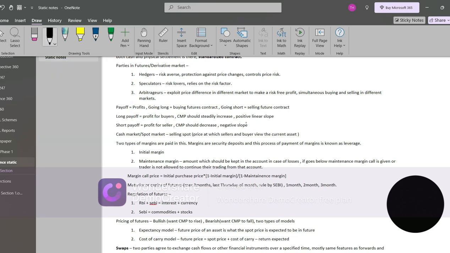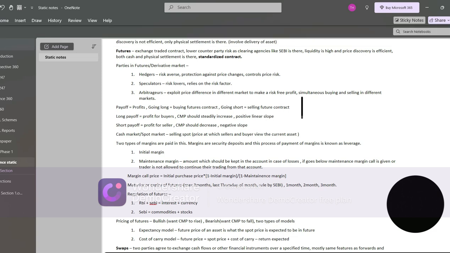This one, which I was saying, for the long payoff to be a profit for buyers, the CMP should steadily increase, meaning positive slope. The graph for it is like, consider this the x-axis and this is the y-axis. The CMP, consider this is your price, then the CMP should increase like this.